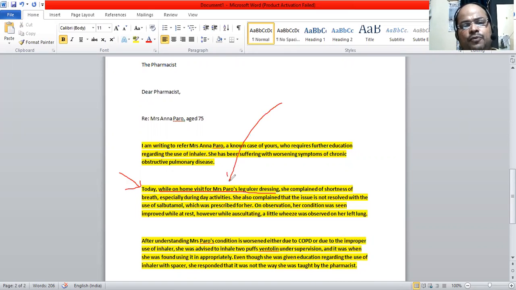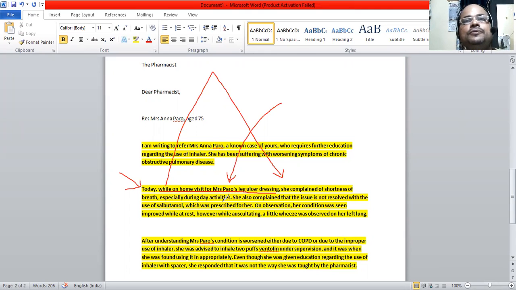The purpose of my visit was to give dressing for her leg ulcer. So at that time, she complained of shortness of breath, especially during day activities. It was when I visited Mrs. Paro's home, giving her daily dressing for her leg ulcer, she complained to me regarding the problem, and the problem was shortness of breath.